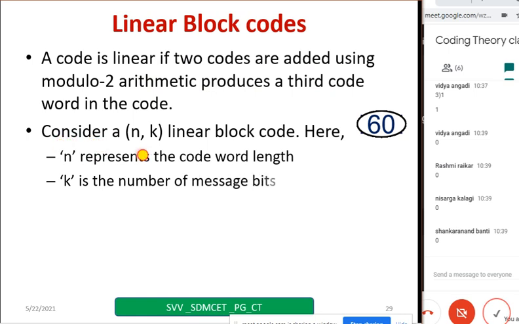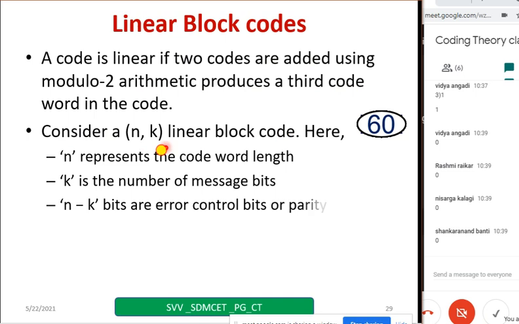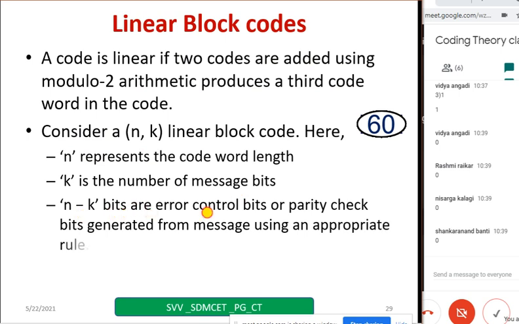This is important. Whenever I say (n, k) linear block code, n represents the code word length, k represents the number of message bits, and n minus k represents the parity bits. So please copy this down, take a minute. Above you have already copied this information, only this you try to understand. Whenever I say n comma k, what it means, you have to copy down. Take a minute, copy down.